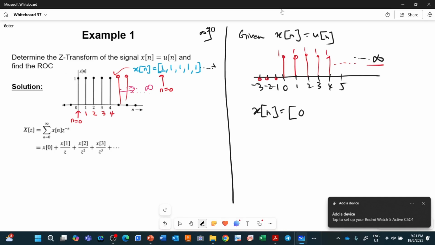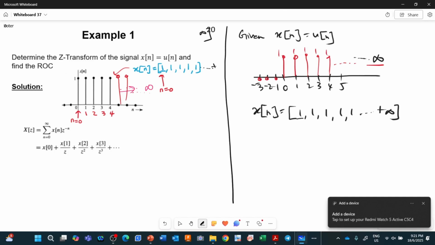You have 1, 1, 1, 1, 1, until positive infinity, right? Remember, in the assignment, instead of being given an equation, you are given xn with a value.